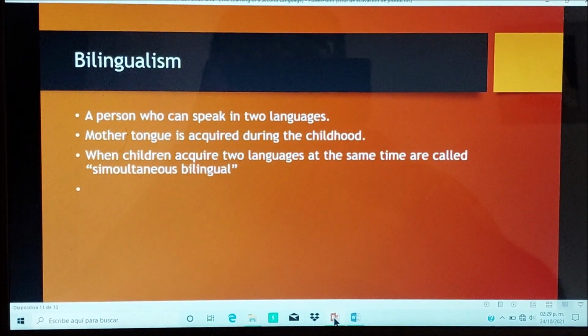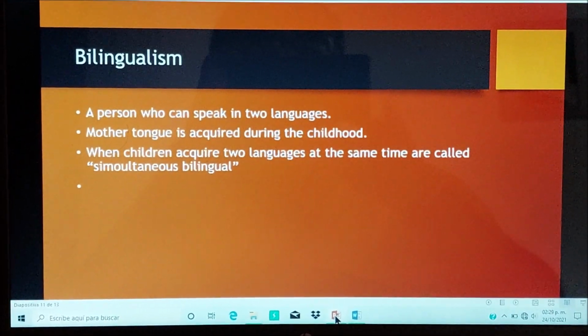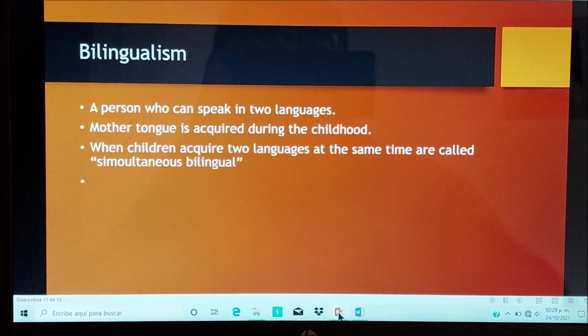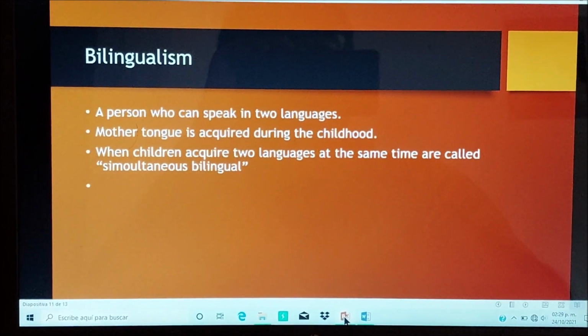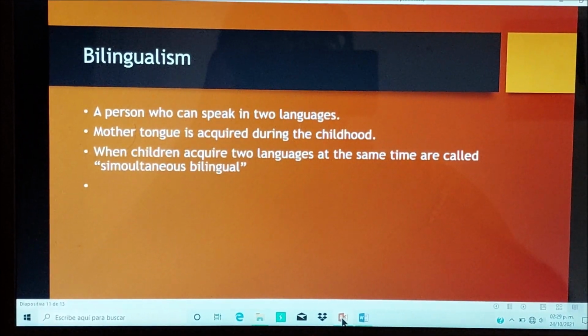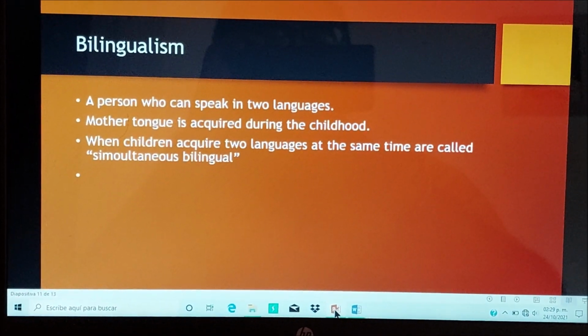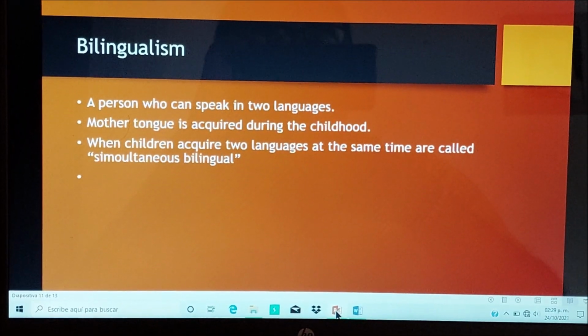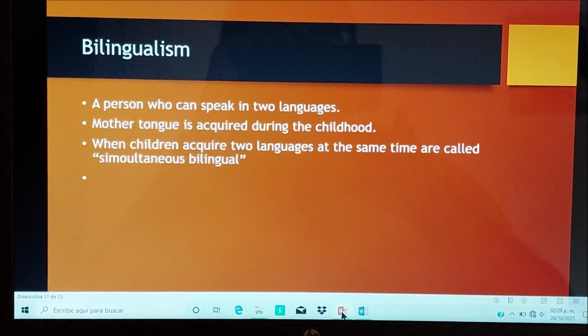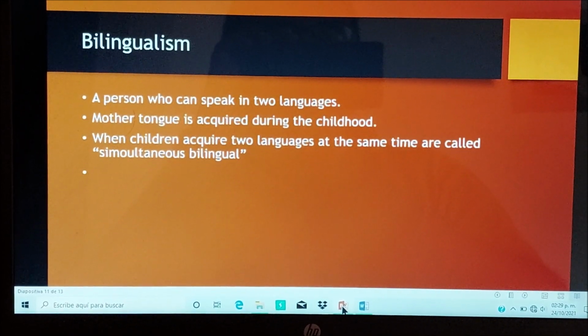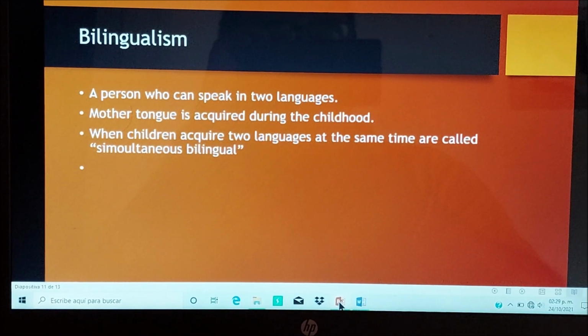Finally, to talk about bilingualism, it refers to a person who speaks two languages, and it refers to how a person can learn a language, maybe in their childhood or in their adulthood.